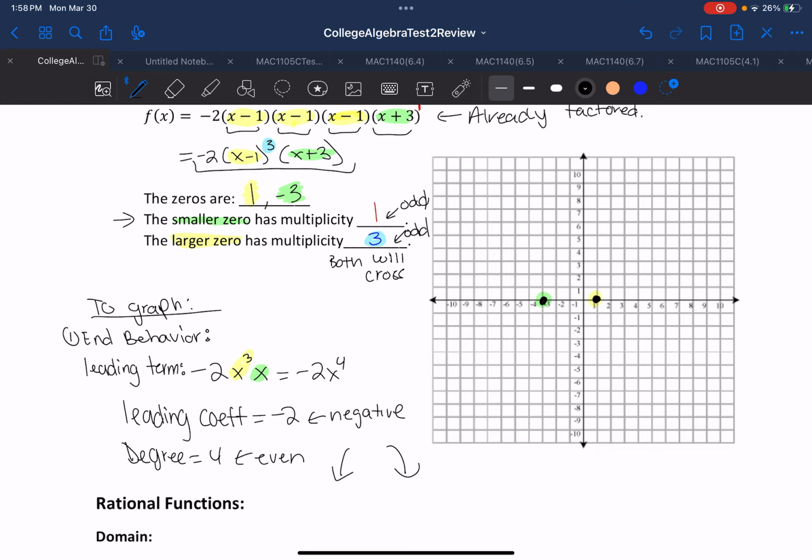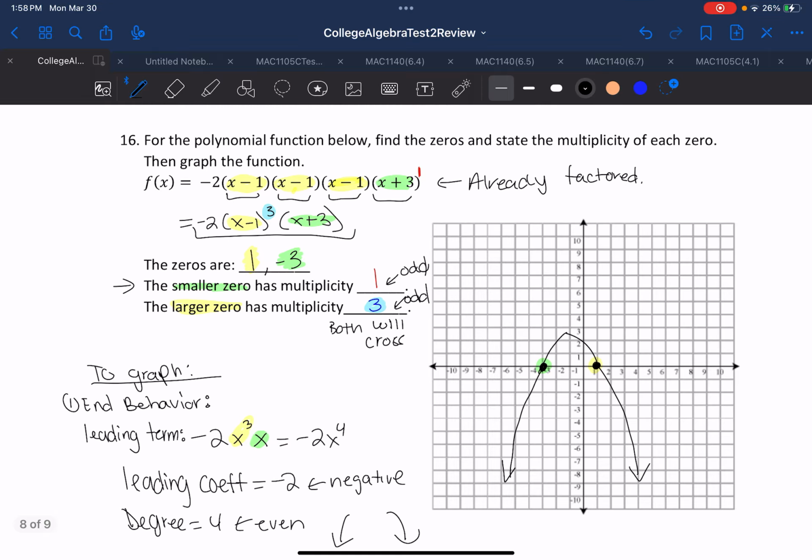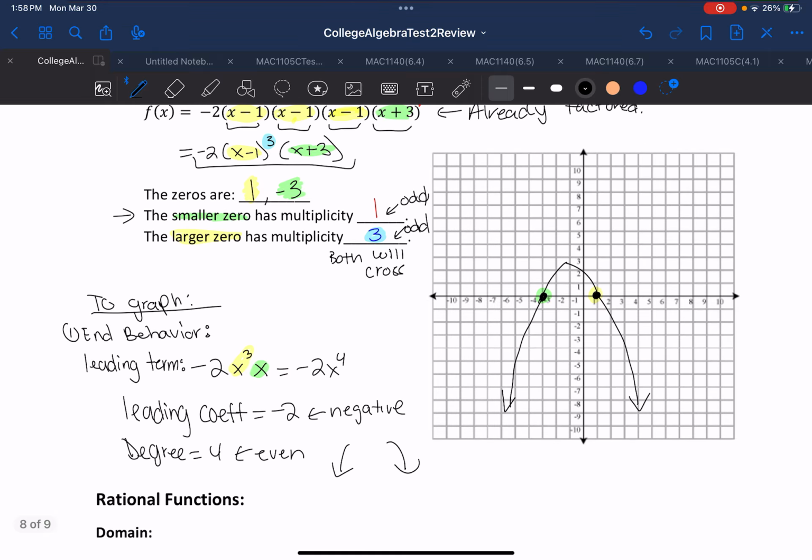So I know from these two x-intercepts, they would both be pointing down, something like this. And then from the multiplicity of both of these zeros, I know that they're both crossing. So this one will come up, and then it has to come back down eventually. And so it'll look something like this.